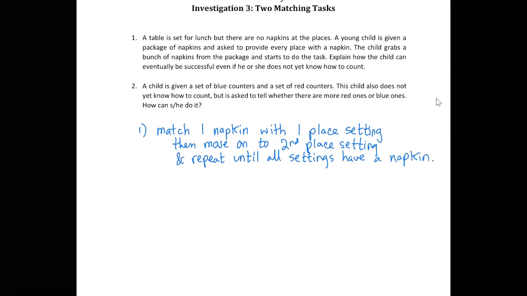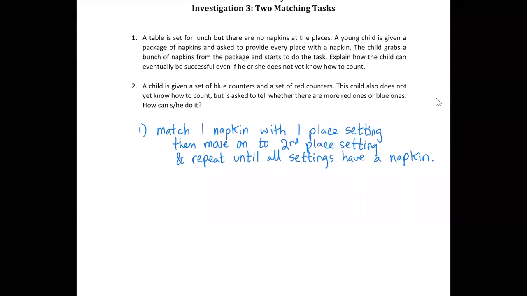What you have, so you start off at one location. You tell them you just start somewhere. You got to match. You got all these napkins. You're gonna match one napkin with one place setting. All right. So you got a place setting there. You got a napkin. So take a napkin and match it with a place setting. Let them decide, and then match another napkin with another place setting. And so they don't know how to count.